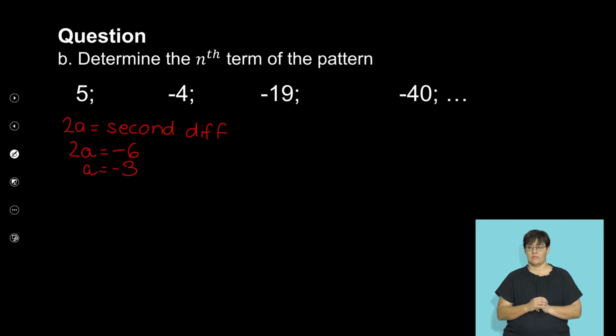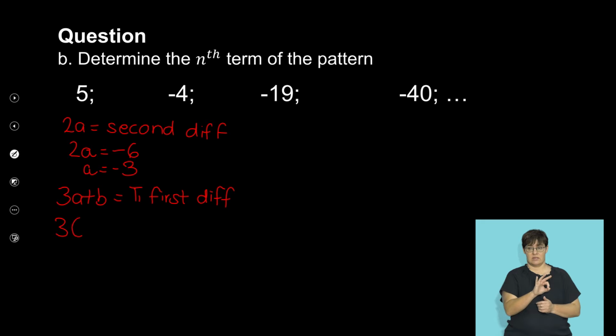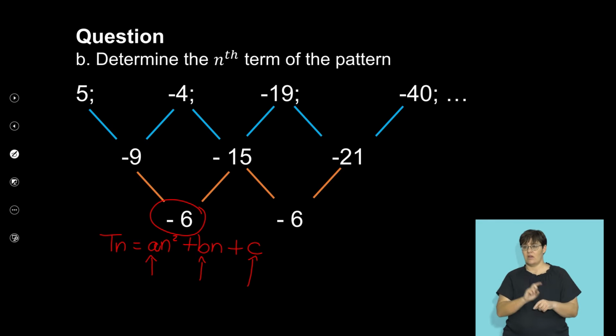In order to find the value of B, I say 3A plus B is equal to the first term of the first differences. I can immediately substitute in negative 3 for A because I've actually found that value. But now, in order to find B, I need the first term of the first differences, and that is negative 9.